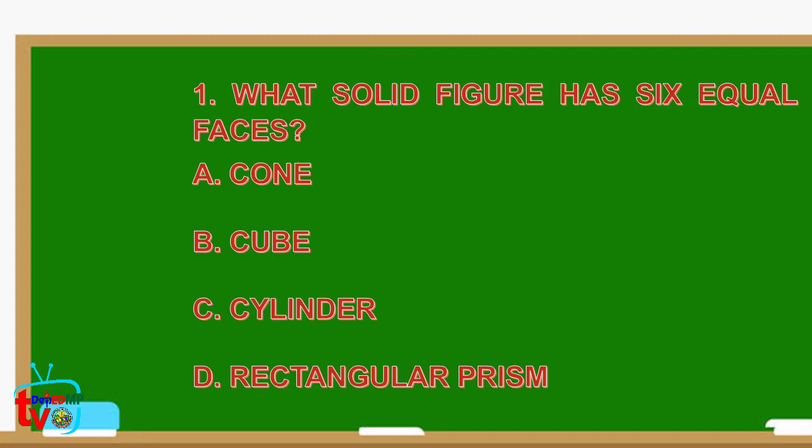Number 1. What solid figure has 6 equal faces? A. Cone. B. Cube. C. Cylinder. D. Rectangular prism.